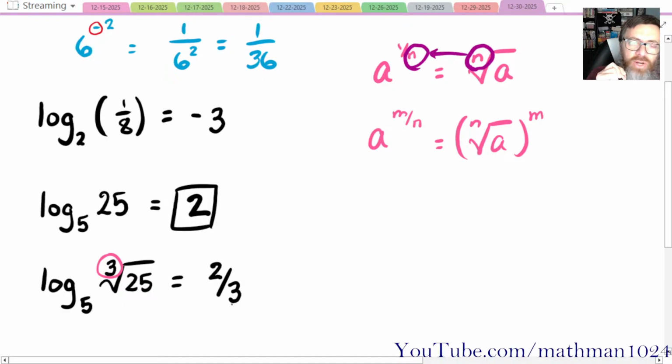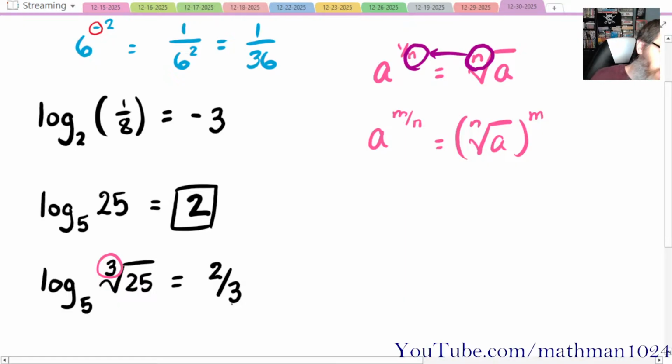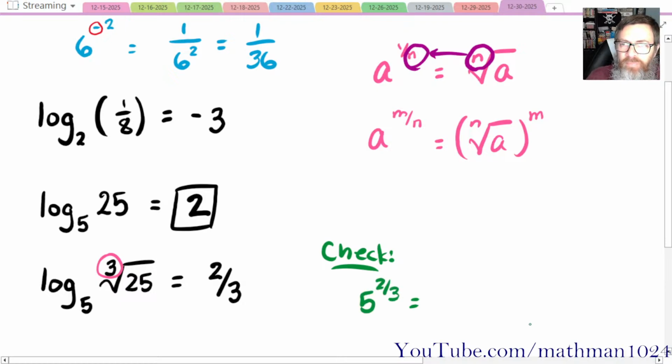The 2 is there because 5 squared is 25, and the 3 is there because we're talking about a cube root. Let's just check this to make sure that you believe me. If I do 5 to the 2/3, what does that expression mean? Look at what we have right here.